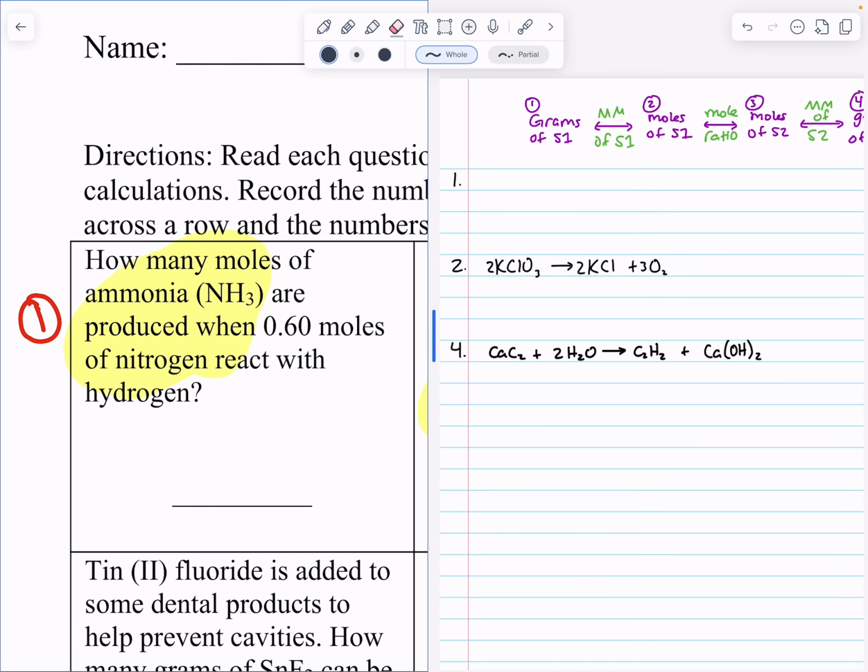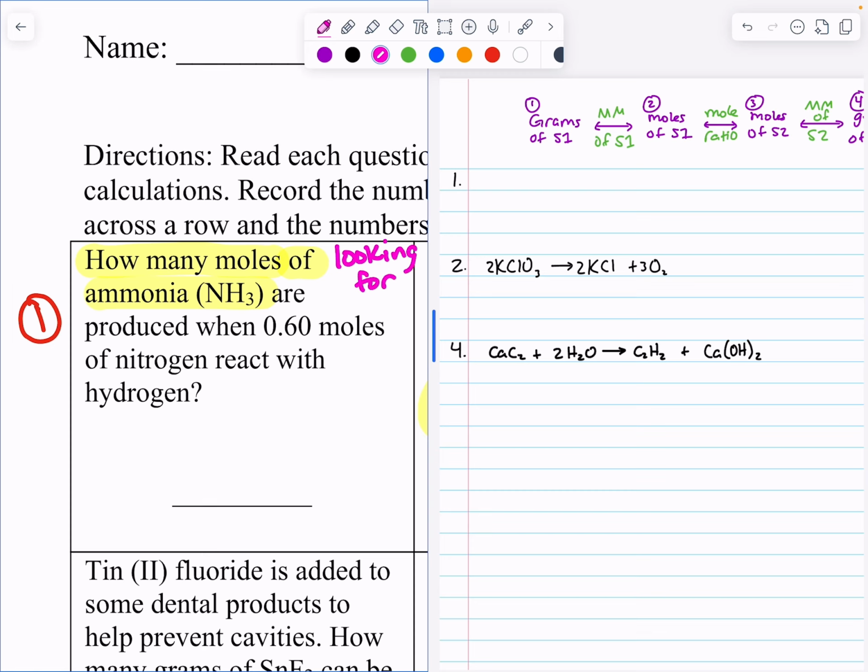So it says, how many moles? That's huge. I'm going to highlight that. How many moles of ammonia? By the way, it gives us the formula for ammonia, so you're welcome. Off the bat, everyone should know this is what we're looking for.